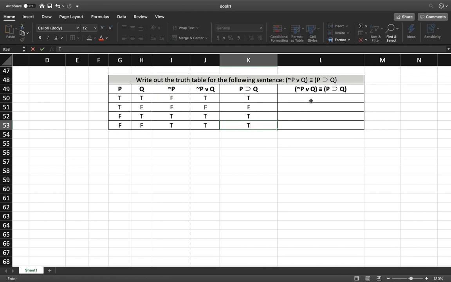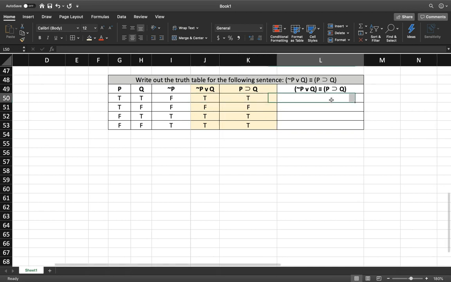Okay. Now we get to the actual biconditional. Remember, the biconditional is true only when there's matching truth values on both sides of it, both halves of it. So we pretty much look at these two columns and we say, okay, do they match? If they do, it's true. If they don't, it's false. What we see here, true, true, that means that they do match.